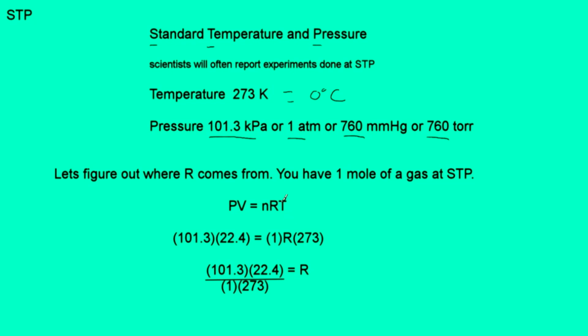Let's solve for R. Standard temperature is 273. You do the math here, and you're going to come out with 8.31. If we did this for atmospheres, this would be a 1 over here, and we would get the other R value, which would be 0.0821. So it just depends on the unit for pressure that you use over here.